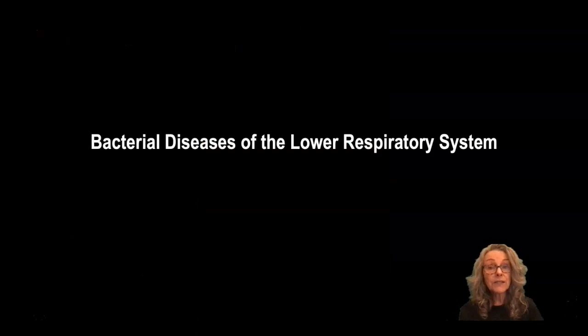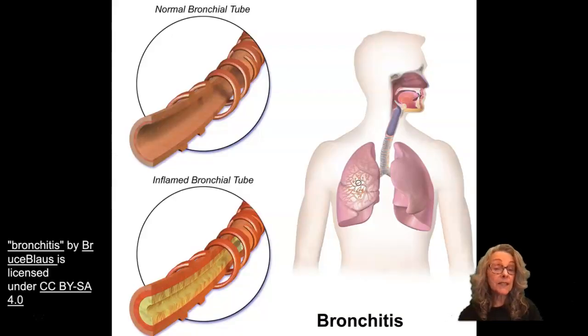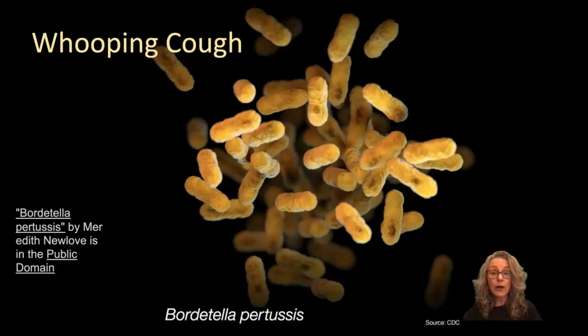Let's look at bacterial diseases of the lower respiratory system. Many of the same diseases from the upper respiratory system are able to descend into the lower respiratory system to cause bronchitis or inflammation of the bronchi. One example of this is whooping cough caused by Bordetella pertussis. The symptoms include mucus buildup that leads to extreme coughing fits where the patient's cough sounds like a whoop.